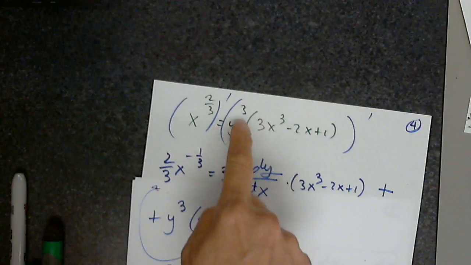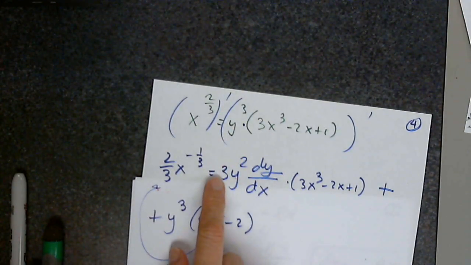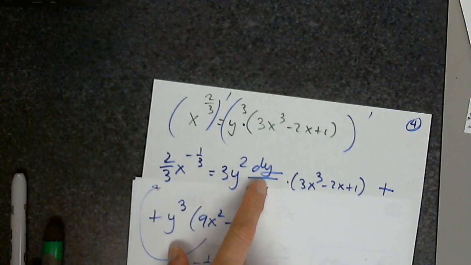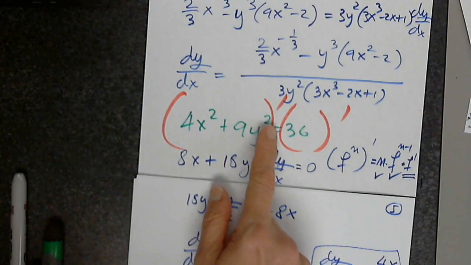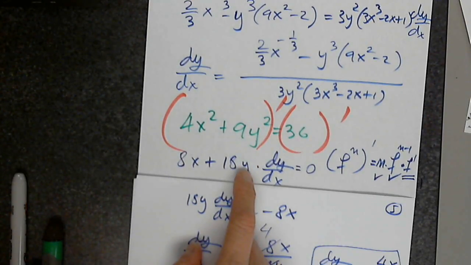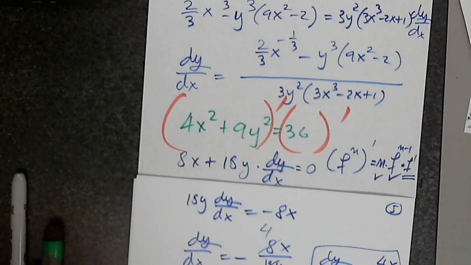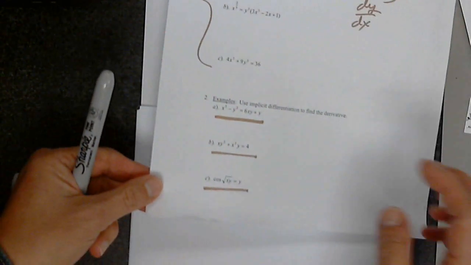So y cubed prime, y is a function of x, is 3y squared times the inner function prime. So in the same way here, 9y squared is 18 times y times the inner function prime. Is that better? Okay, perfect. That's why we need to practice. It takes time. So now let's move on to the next set.